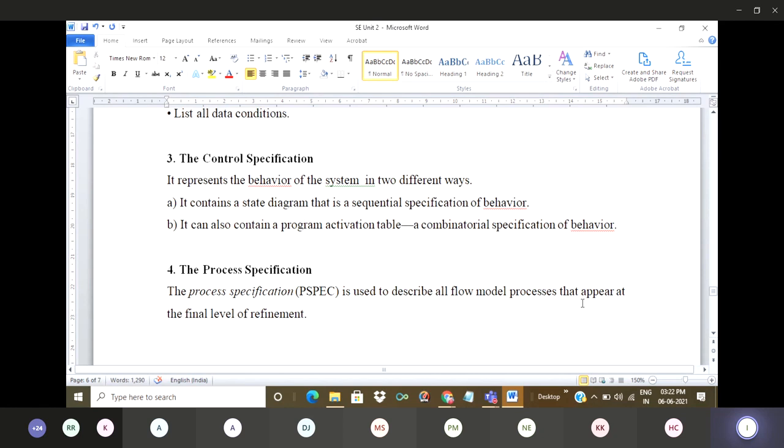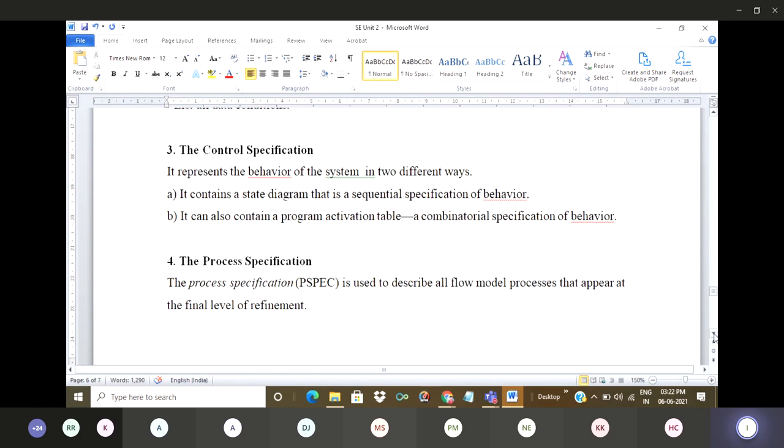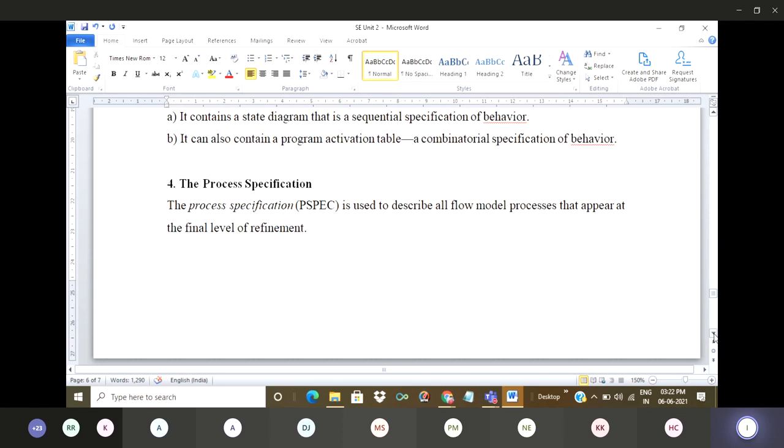Next title is process specification, which is used to describe all flow model processes that appear at the final level of refinement.